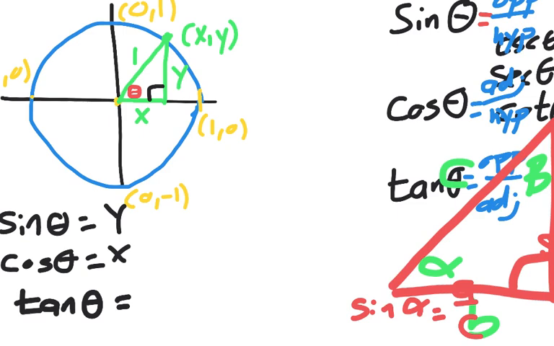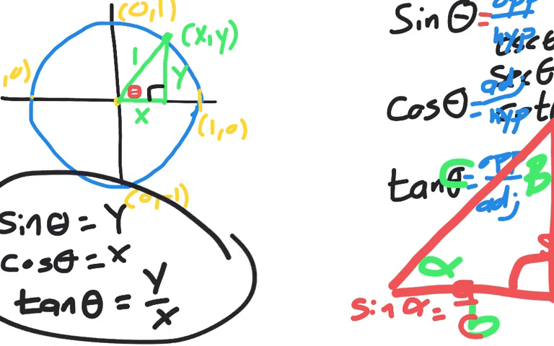The opposite over the adjacent. So these three things are going to be very important to us. You need to make sure that you know those. Sine of theta is the y value, cosine of theta is the x value, and tangent of theta would be y over x.